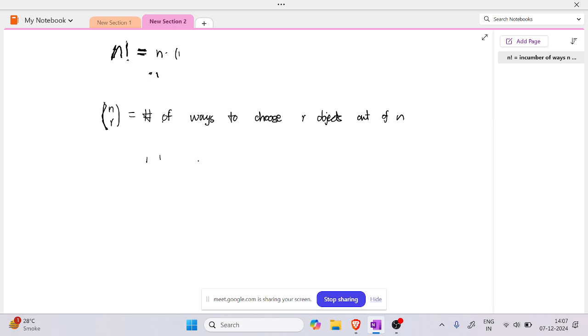r objects out of n, but you have one special object, like you have to choose one special object out of those r objects. So you can write this in two ways, which is r times nCr, because you can first choose the r objects and then choose that special object, or you can choose the special object initially and then just n minus 1 C r minus 1.